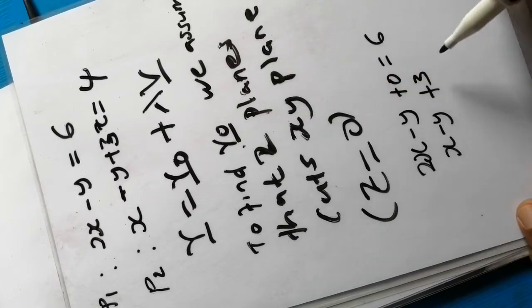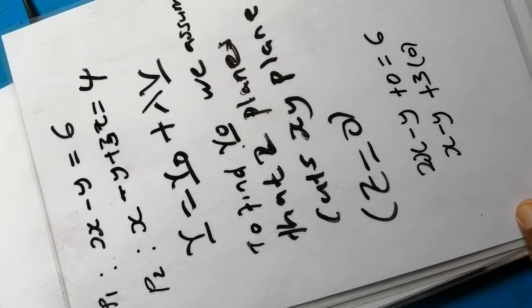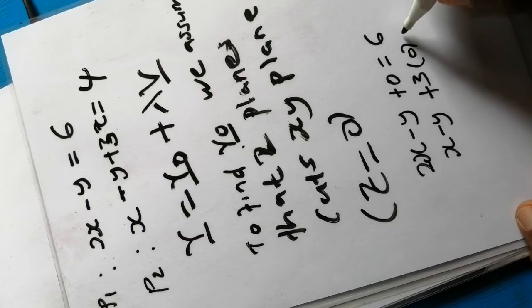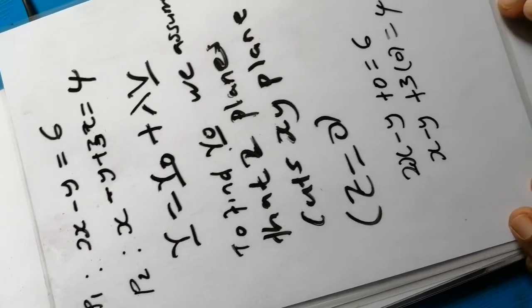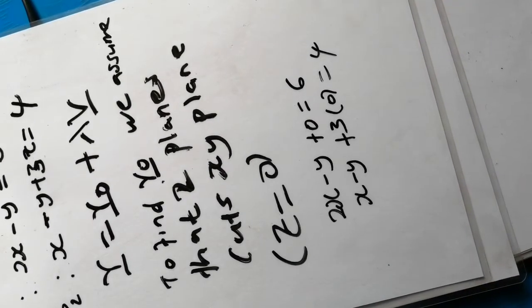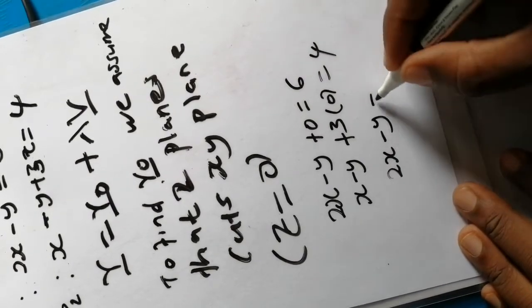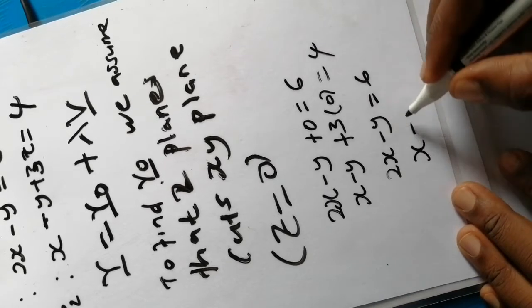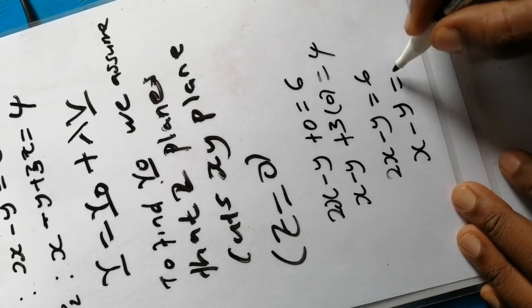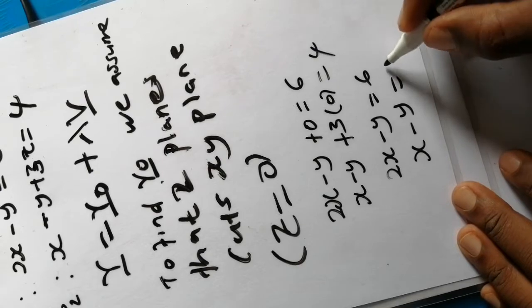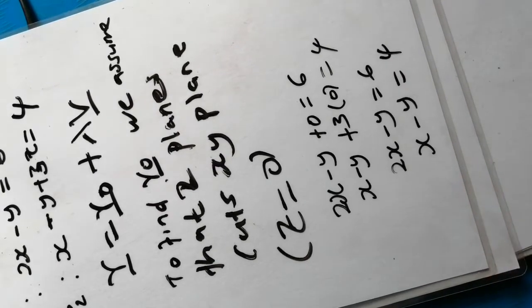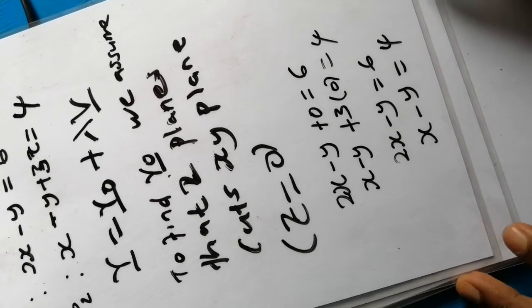If you get an equation in this form, you must know that you have to replace that z with 0, so that we are left with two variables that we can solve simultaneously, because we cannot solve three unknowns with two equations. 2x minus y equals 6, x minus y equals 4. So now you're going to solve these two equations simultaneously.